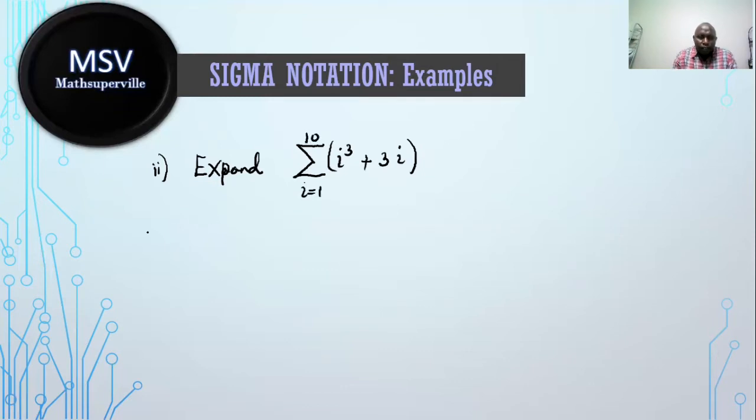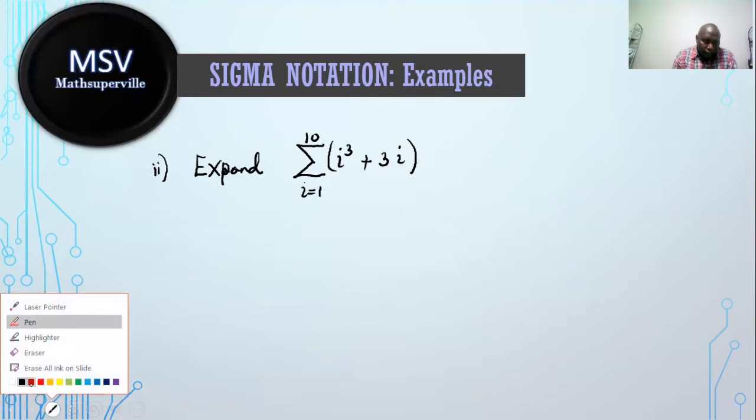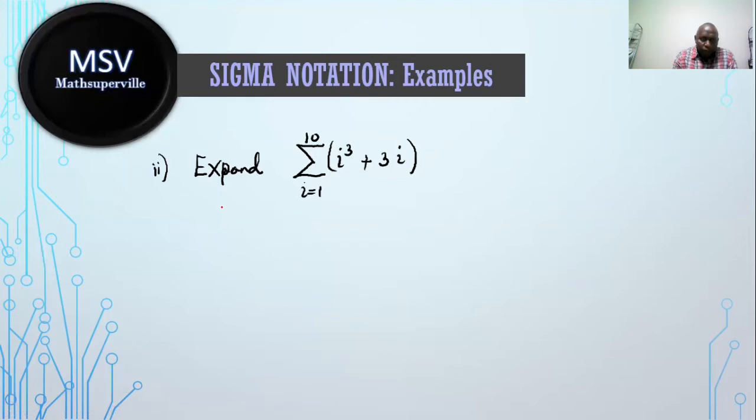In this case, our solution will involve applying the properties of summation that we talked about. So our summation of i cubed plus 3i with the index running from 1 through 10 will require the sum rule and the constant multiple rule.